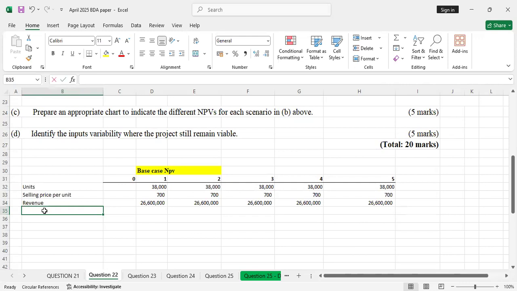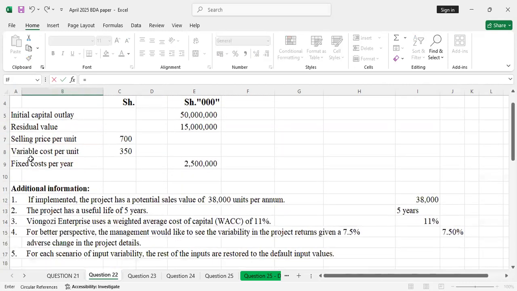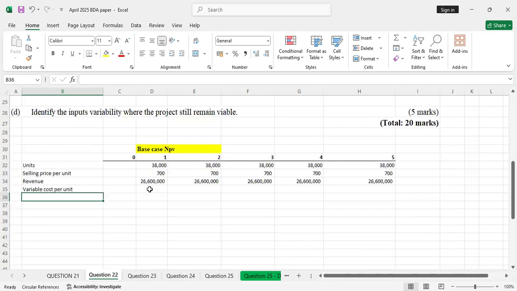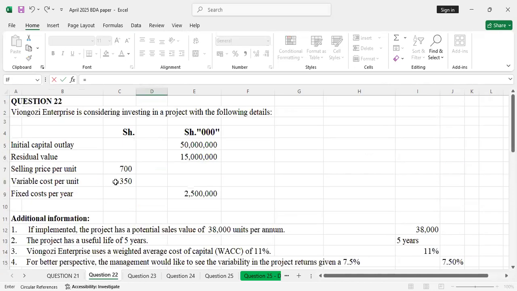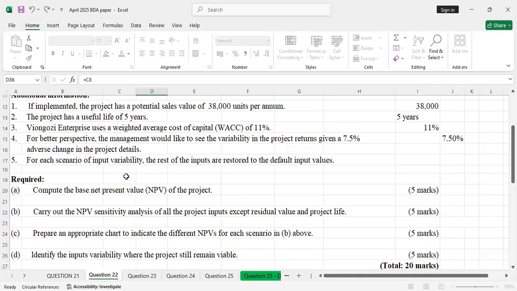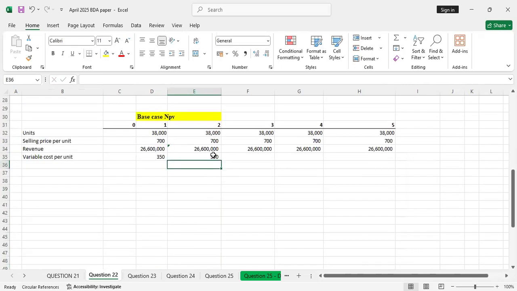Then the other thing, we'll look at the cost, which is variable cost per unit. Variable cost per unit was 350, so it was 350 all the way.